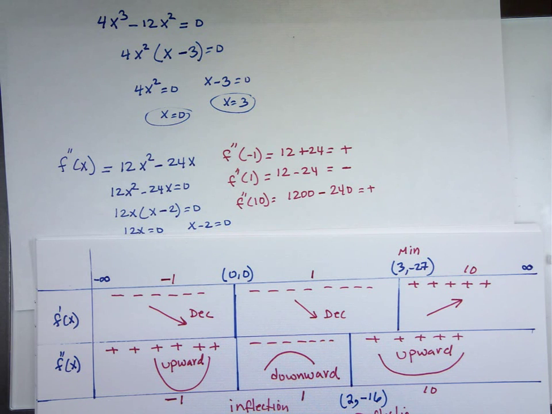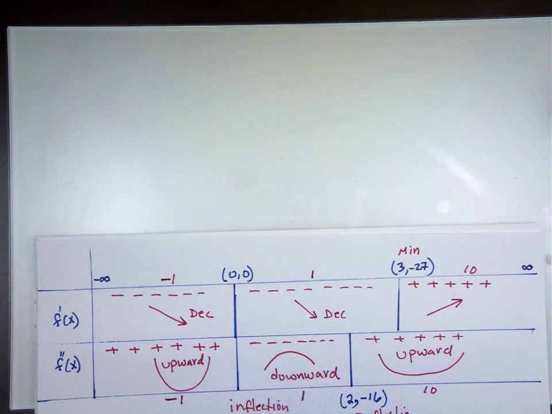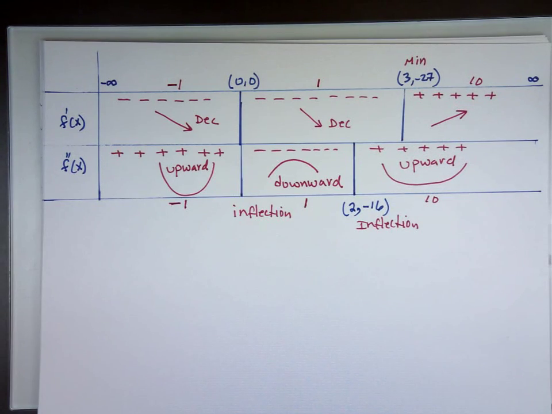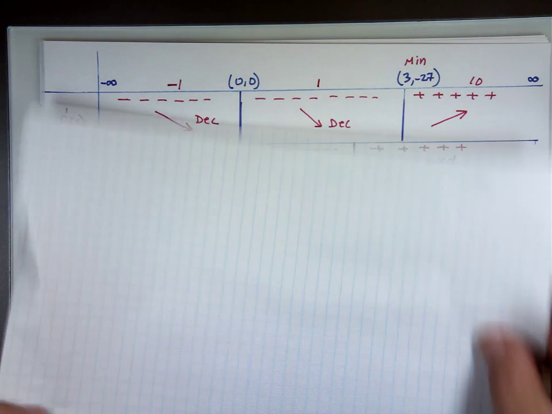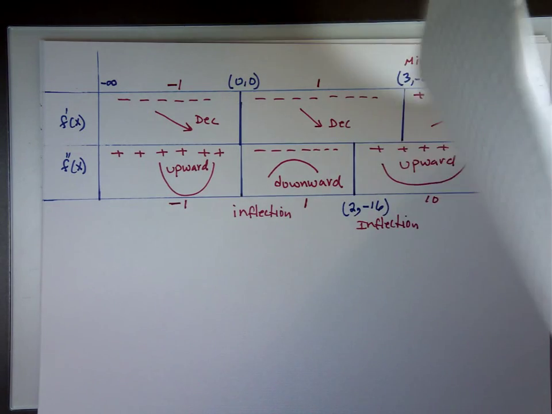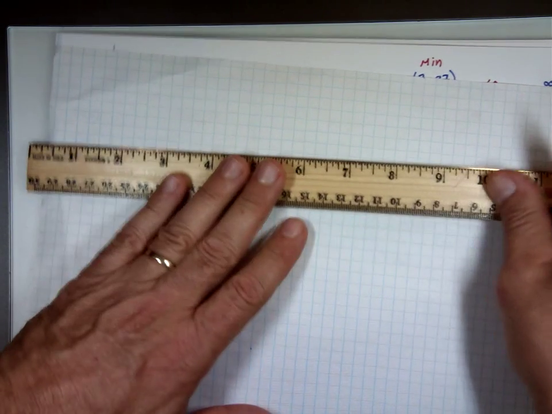Finally, I'm going to graph it. I know there's a sheet of graph paper here. So let me graph it. Once I'm ready to graph, all I have to look at is this table. This has everything I need to know. I better make sure I make my x-axis, y-axis high enough.